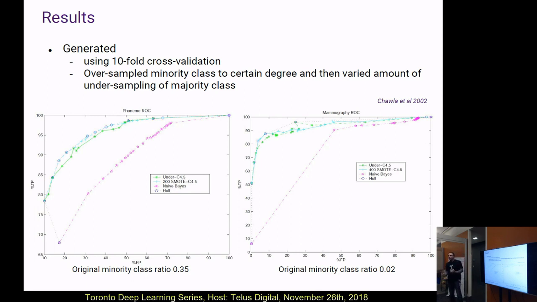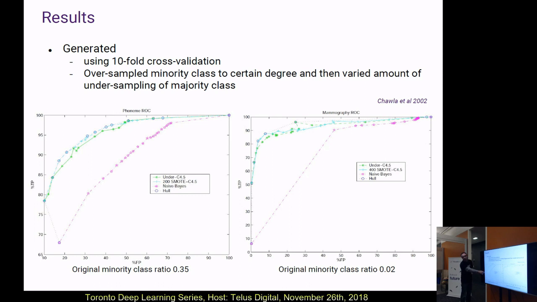It's a very good way of looking at the balance between your two classes, because as I mentioned earlier, you can look at single-valued metrics like accuracy. For those of you that are familiar, there's precision and recall, there's F1 scores, there's lots of them. This gives you an overall characteristic of how things change when you get more or less of your minority sample correct. So if you're over here, it's great.